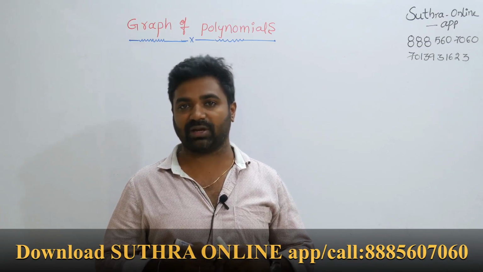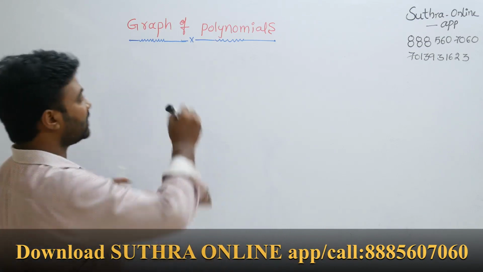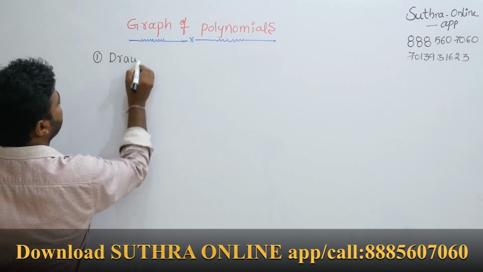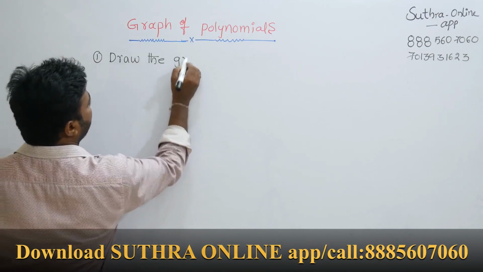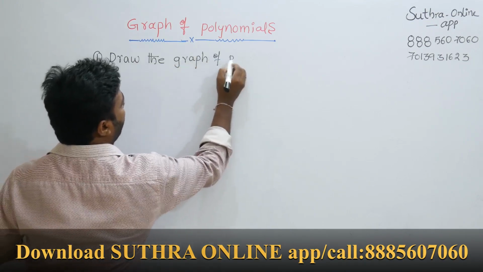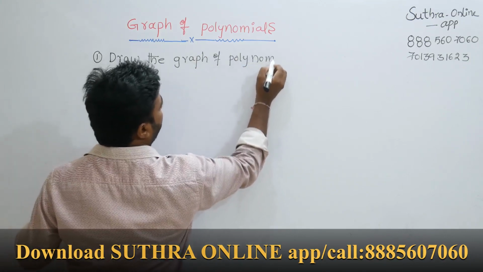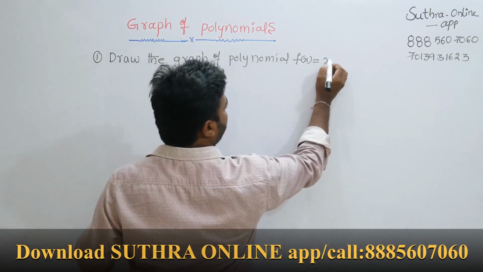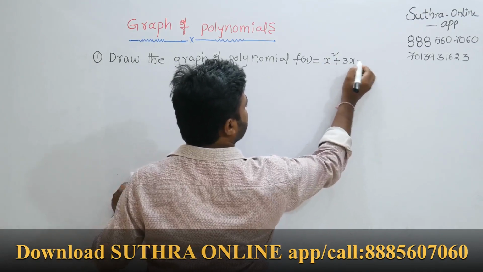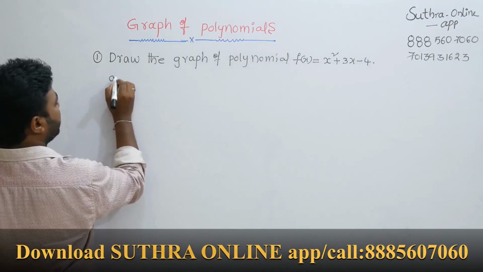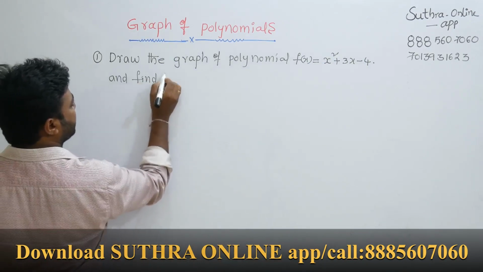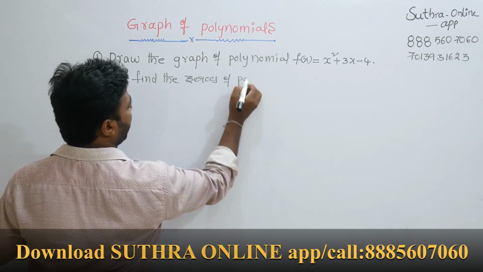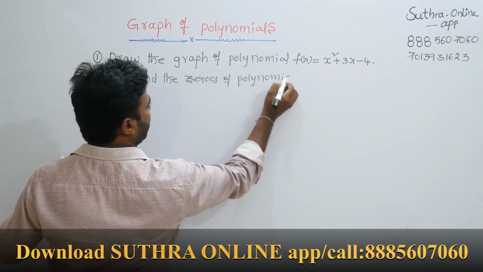For example, draw the graph of the polynomial f of x or p of x, f of x is equal to x square plus 3x minus 4, and find the zeros of the polynomial.